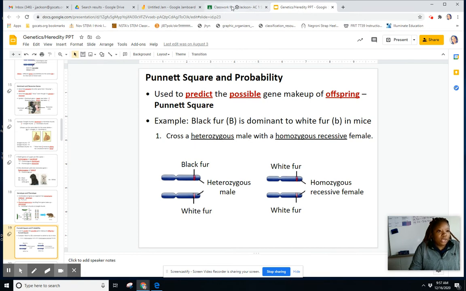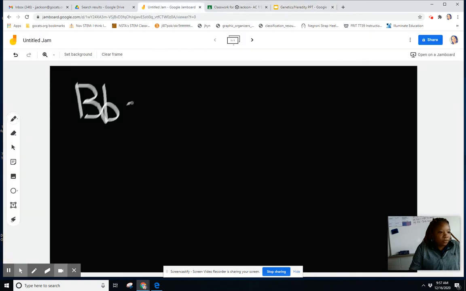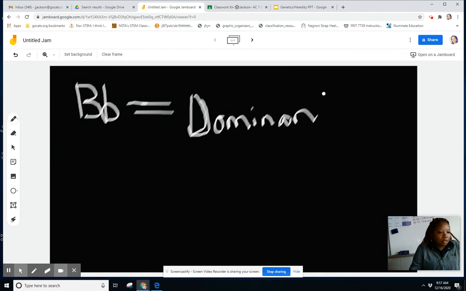And we know big B, little b is going to be dominant. We know big B, little b is going to be written as dominant because the big B will always cover the little b.